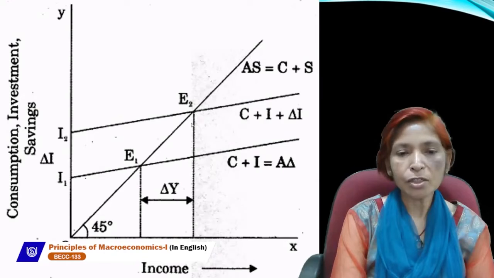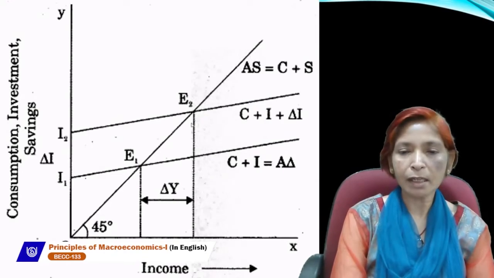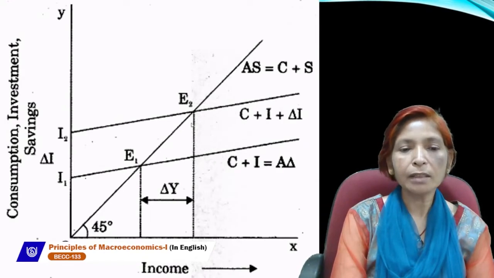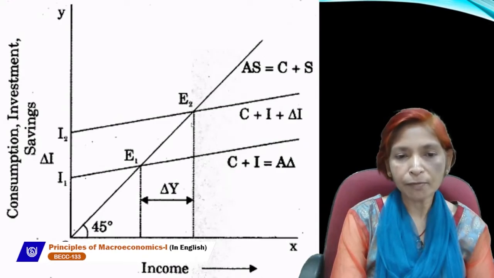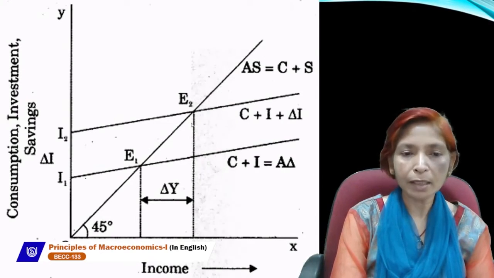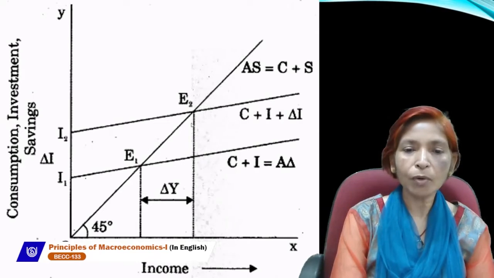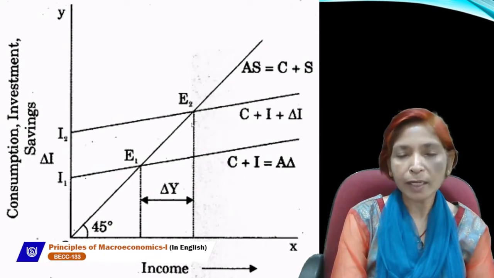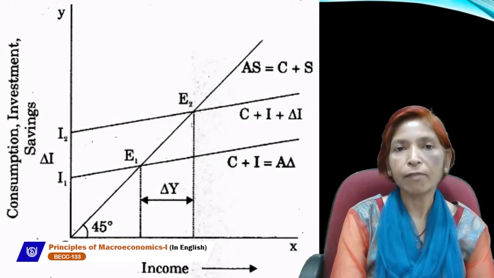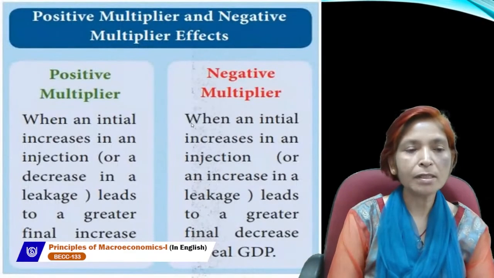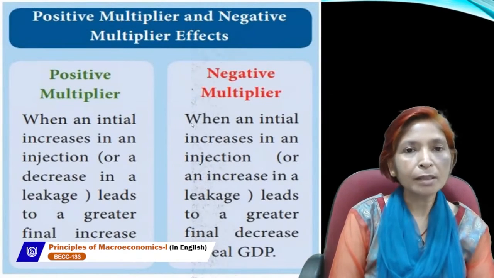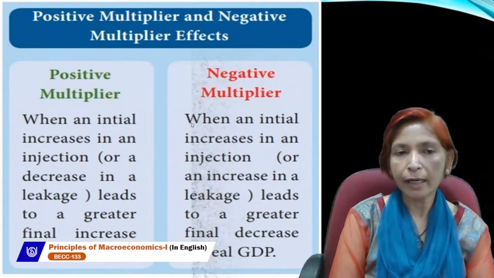And this diagram is showing that due to increase in investment, the demand curve will shift upward, the new equilibrium point will change and income will also increase, but income increases more than the increase in investment due to multiplier effect.